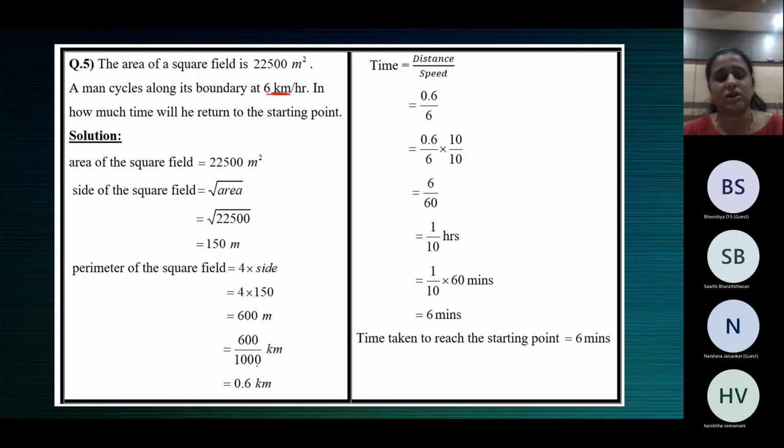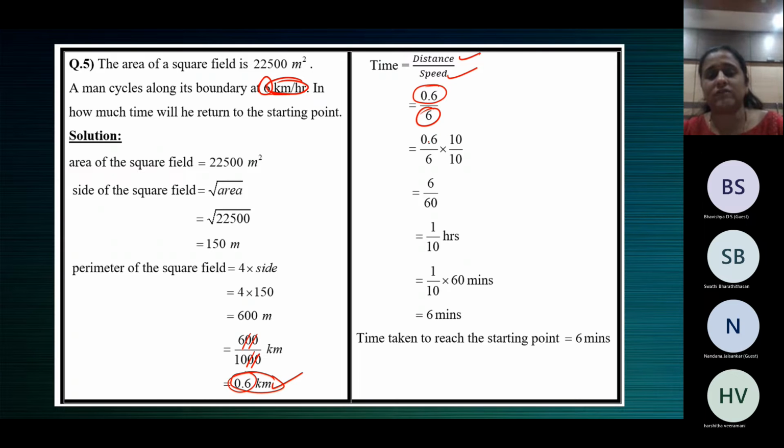When you divide by 1000, you're converting meters to kilometers. So that's nothing but 6 by 10 or 0.6 kilometers. This is the distance he cycles, and we know the speed. So now we can find the time taken. Time taken is equal to distance by speed. Distance we found here 0.6 kilometers, so 0.6 by speed, 6 by 6.